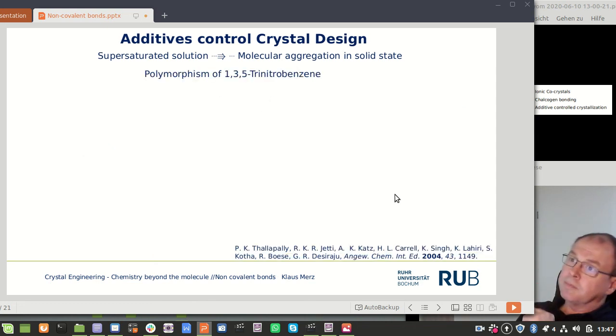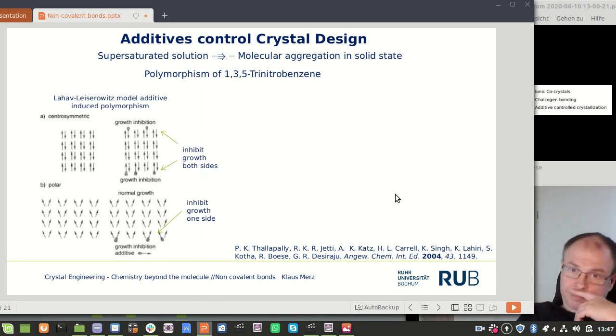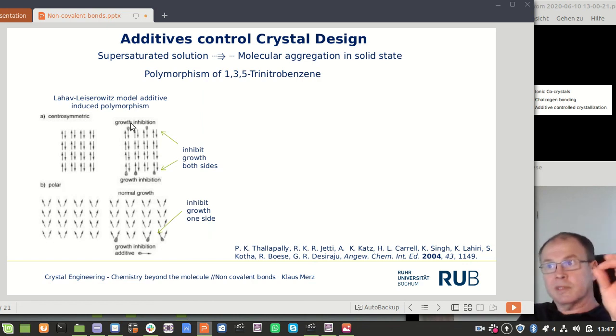Next example, polymorphism of trinitrobenzene. First of all, this additive induced polymorphism is known since a long time. This is a model of how to explain it. This is orientation in a centrosymmetric crystal structure.